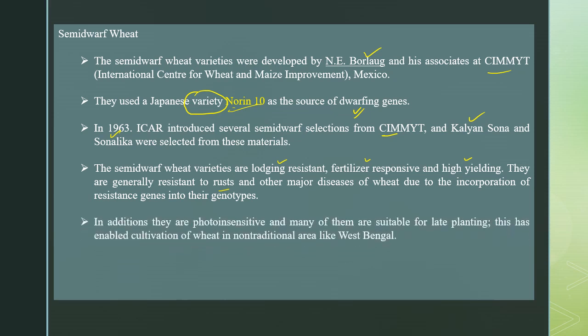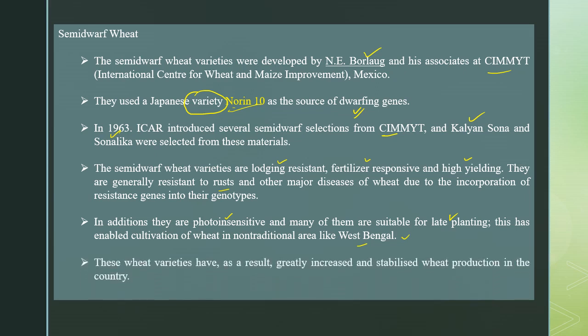In addition, they are also photoinsensitive, and many of them are suitable for late planting. That means these varieties enable the cultivation of wheat in non-traditional areas like West Bengal, which we have talked about previously. These wheat varieties have greatly increased and stabilized wheat production in our country.